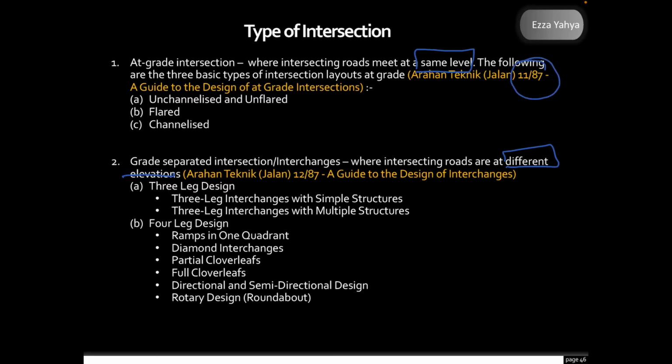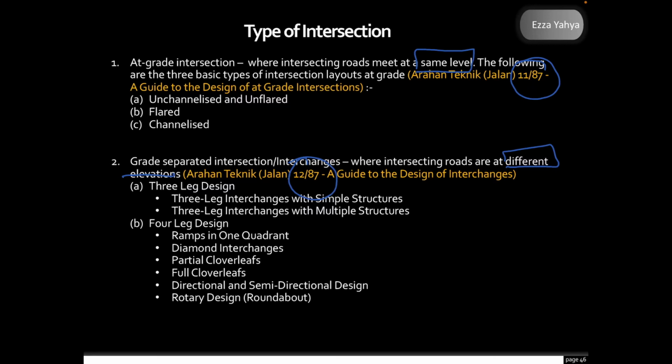For the at-grade intersection, arahan teknik jalan 11/87, while for the interchanges, arahan teknik jalan 12. So have two different arahan teknik jalan. Both can be referred in the Google Classroom. I already uploaded them inside the Google Classroom.